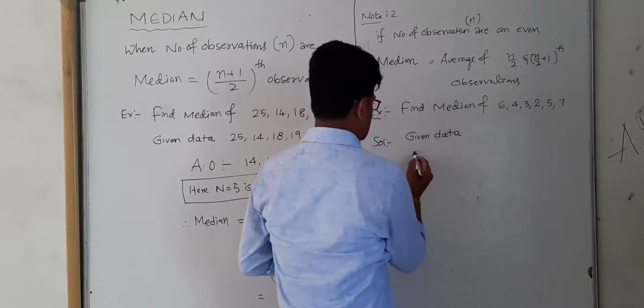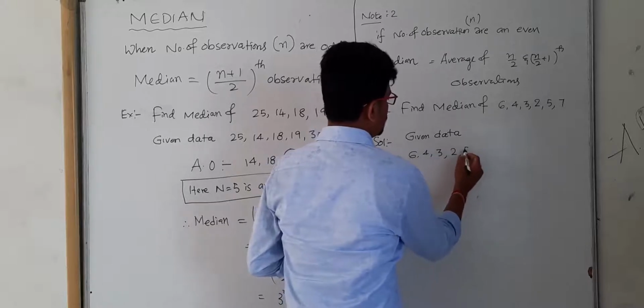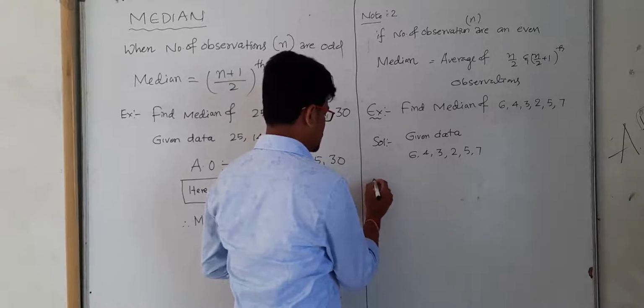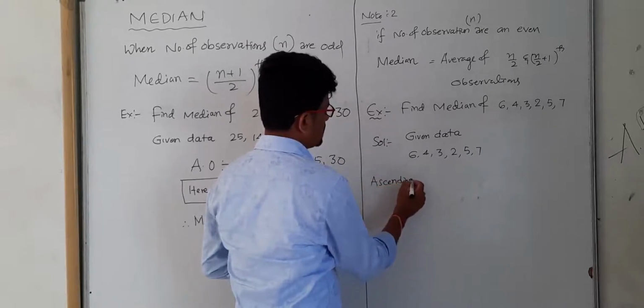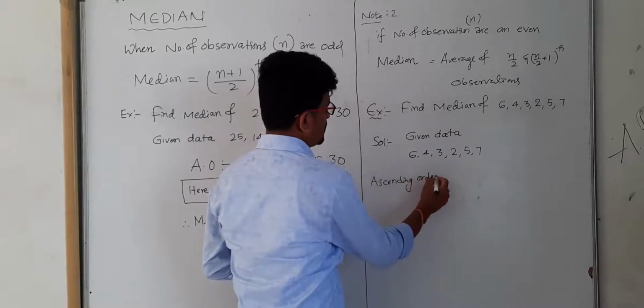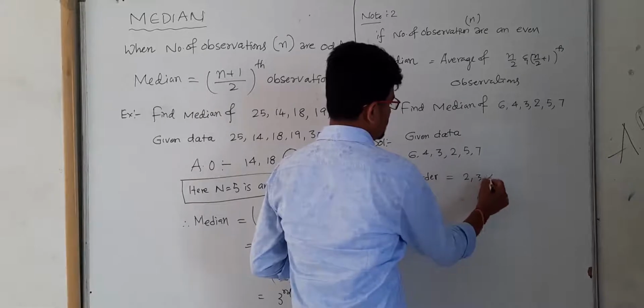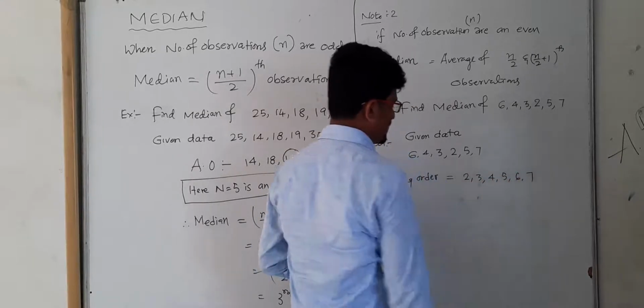Given data: 6, 4, 3, 2, 5, 7. Now arrange in ascending order: 2, 3, 4, 5, 6, 7.